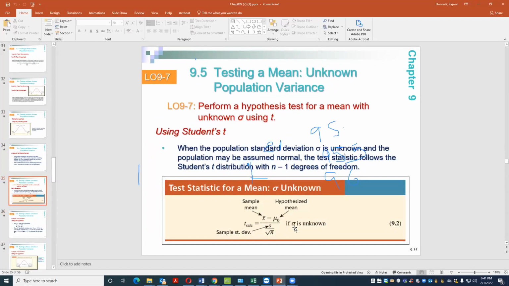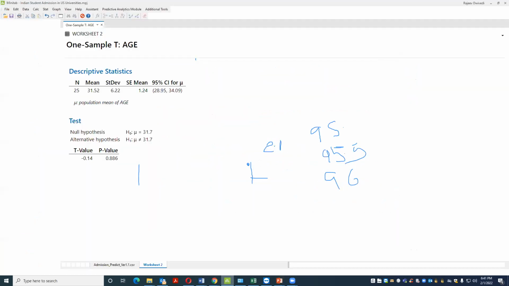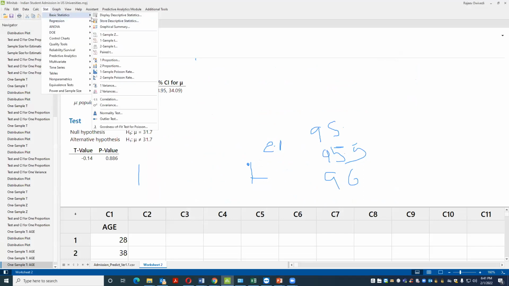If sigma is unknown, meaning population standard deviation is unknown, then we go for t calculation or t statistics. It is very clear, we already practiced in the last module. When do we use z-test? When we know the population standard deviation. In fill in the blank, there are one or two questions that give you the population standard deviation, not the sample standard deviation, so you have to do this.